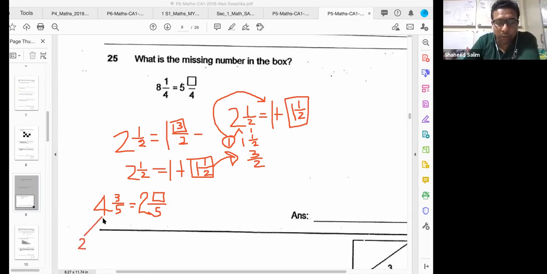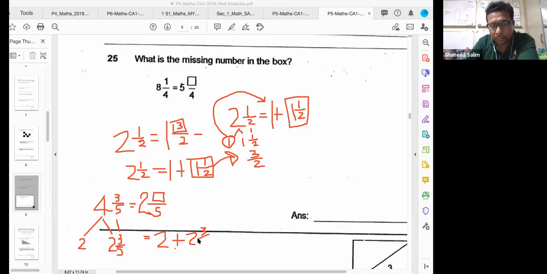2 plus what equals to 4? 2 plus 2, right? And then there's 3/5 here. So can you see now? What do they need now? This one, 4 and 3/5, is the same as 2 whole plus 2 and 3/5.